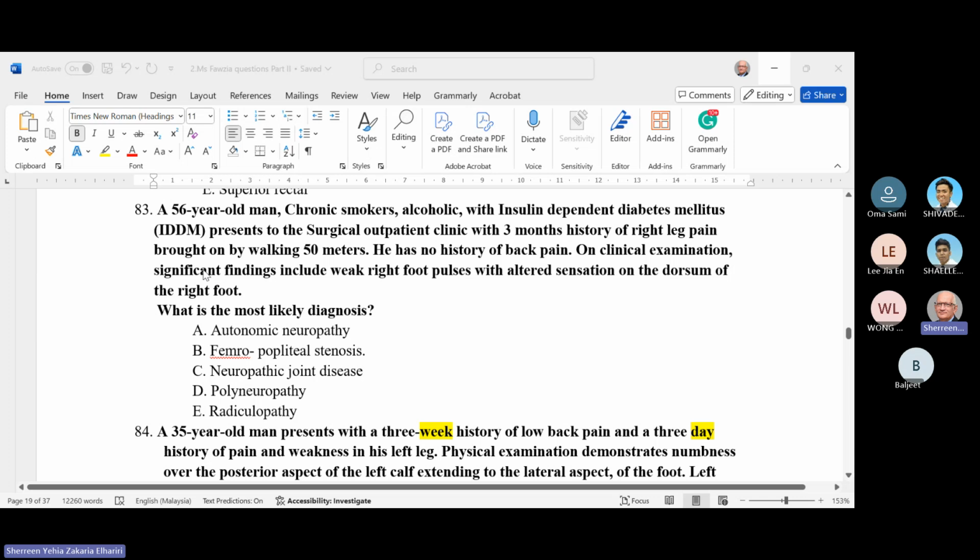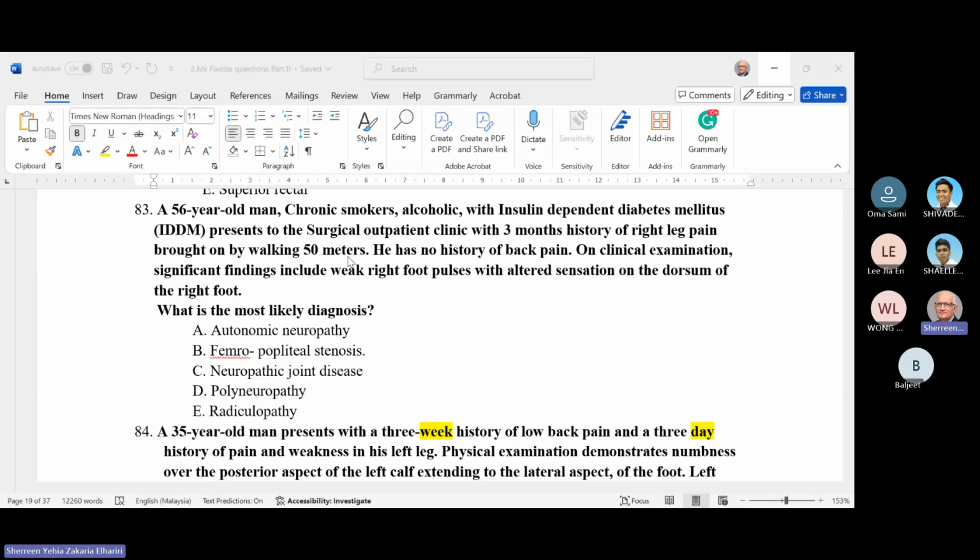Okay, next question, 83. A 56-year-old man, chronic smoker, alcoholic, insulin-dependent diabetes mellitus, presented to the surgical outpatient clinic with a 3-month history of right leg pain, brought on by walking 50 meters. So it is a very late stage because the walking distance is short, so intermittent claudication is severe.